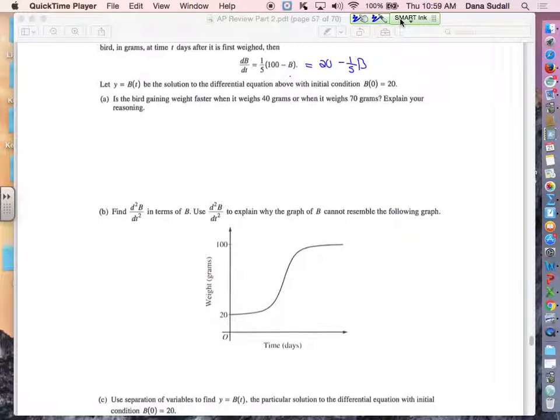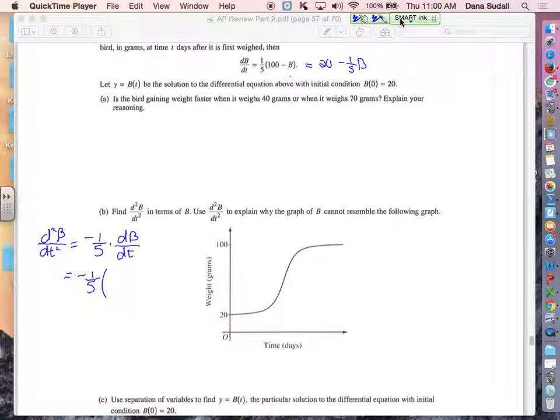So the second derivative, d2b over dt squared, would be the derivative of 20, which is 0. The derivative of negative 1/5 b would be negative 1/5. But you just took the derivative of something that was in time, so we'll have db over dt with it.